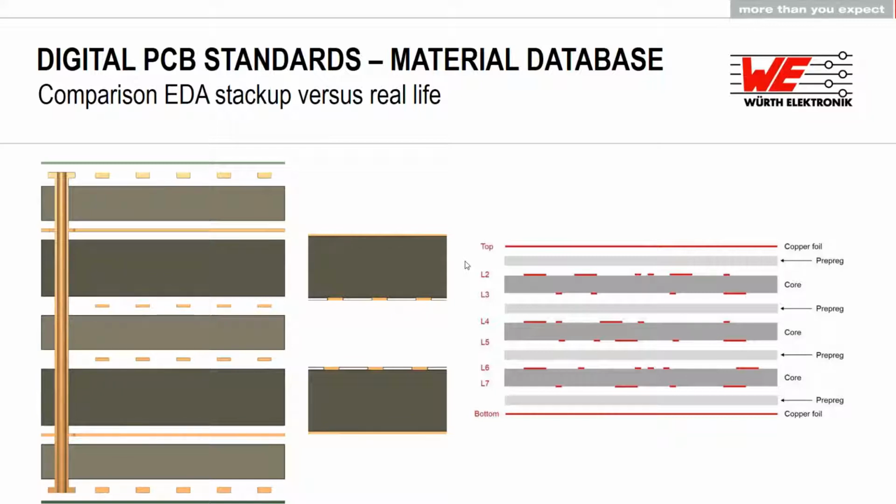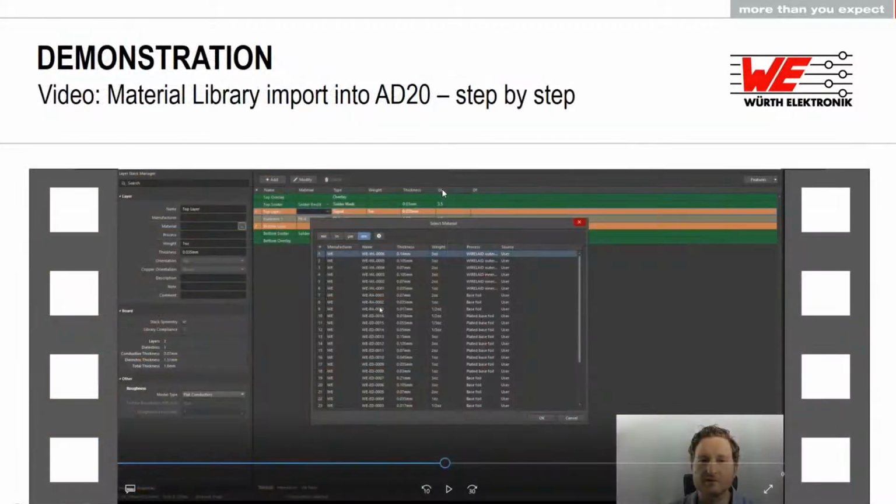So there's a certain difference between how Altium Designer handles the materials and how it is done in real life. Maybe this could be improved in a new revision of Altium Designer. That's still my hope at this point.